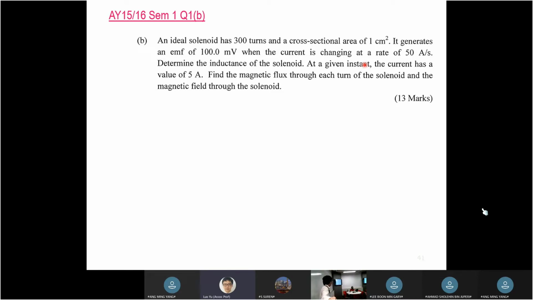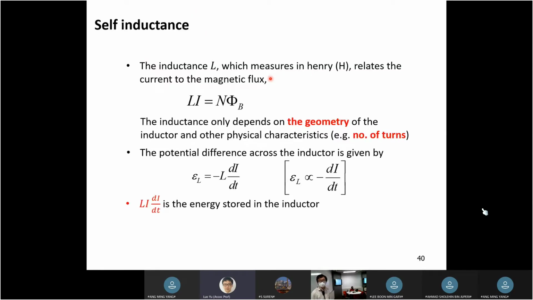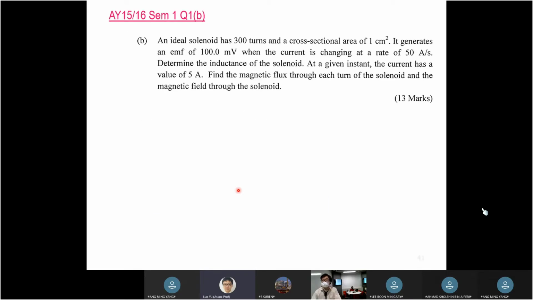So di over dt is given, and epsilon is given, which means I can directly use the second equation, epsilon equals L di over dt, to get L. It wants us to determine the inductance of the solenoid. As I said, epsilon and di over dt are given, so I can directly determine L.